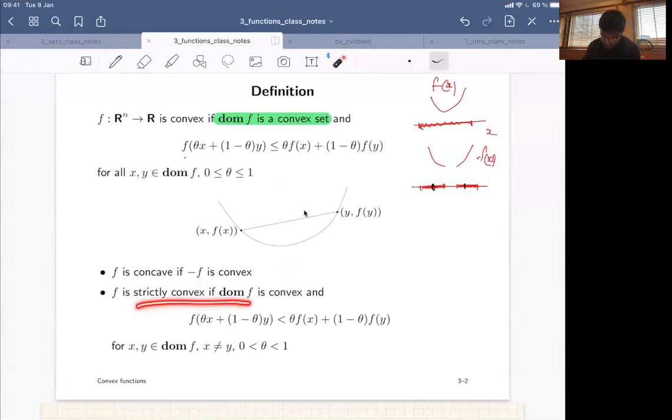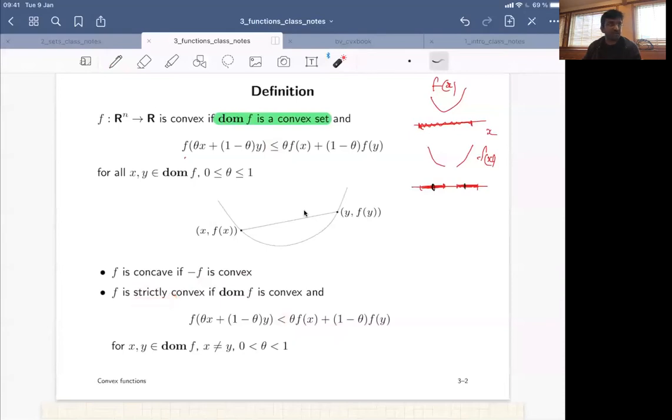Now, when do we say that a function is strictly convex? When this is satisfied with a strict inequality, when we replace this inequality with a strict inequality. So this equal to symbol is missing here. So in that case, this is strictly convex. Okay, so pay attention to the word strictly convex, because later we study what is a strongly convex function, which is different.